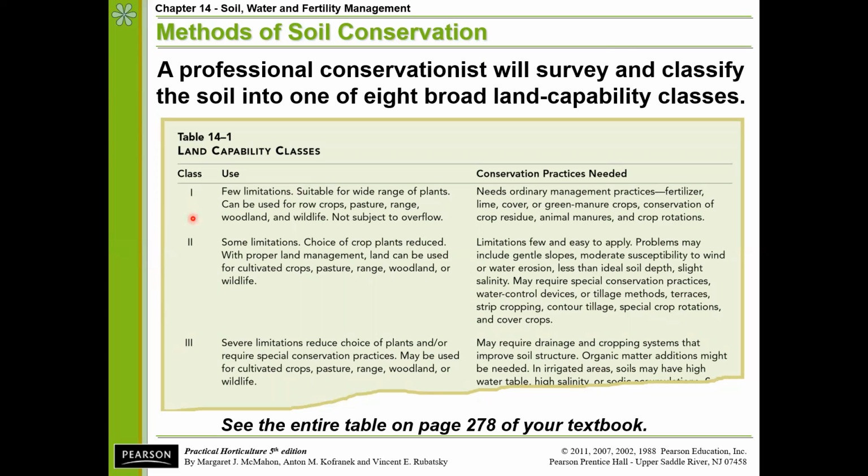What they're looking at is the terrain and the soil types together, as well as the weather, to try to figure out which land should be used. So we think of class 1 land and really class 2 land as our most arable land, places where we really can do some proper tillage for crop preparation.